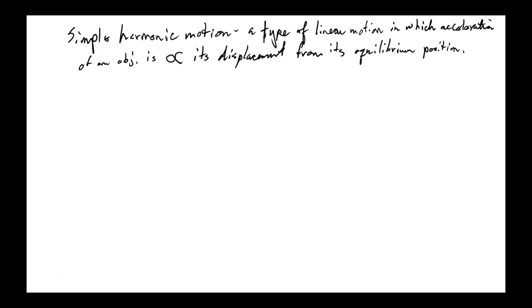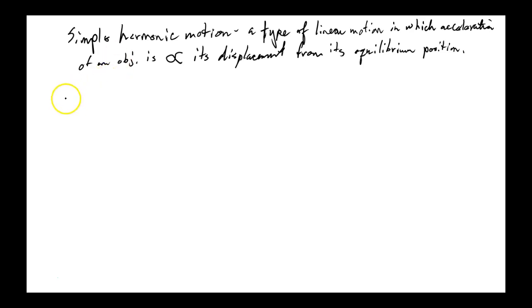Now, I hope some of these words will sound similar to you from things you've heard before. The displacement of an object in simple harmonic motion, SHM, is its distance from its equilibrium or rest position.